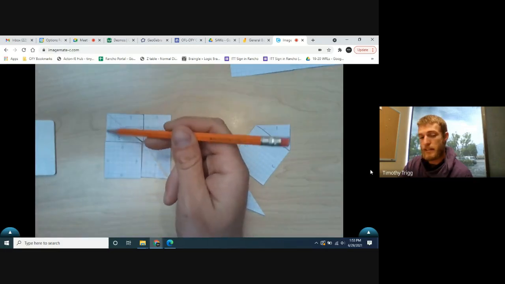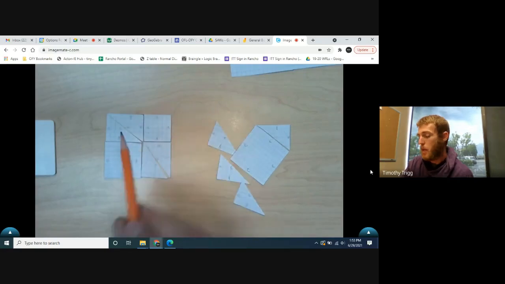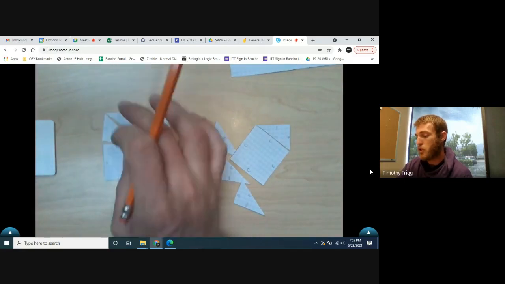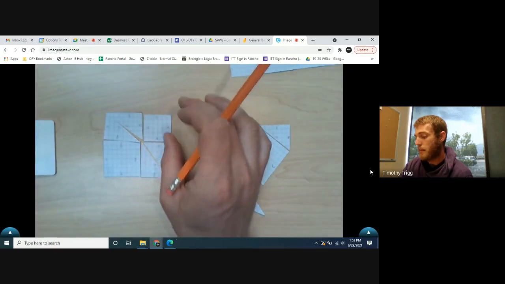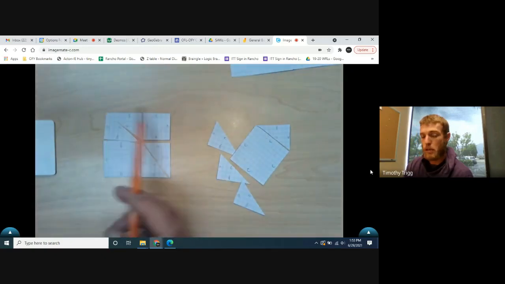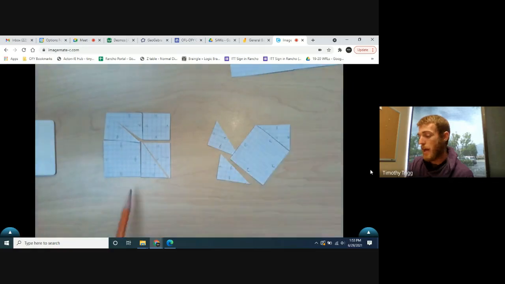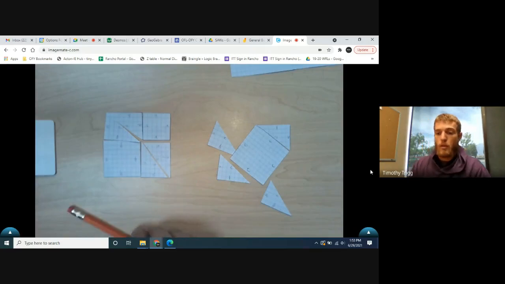Well, notice this length is A, and this is B. So this is also A plus B. So the length along the top is the same as along the side, which should make sense because it's a square, right? It should be the same length on each side. A plus B here, A plus B here, same here, and along the bottom. Okay. Now this is going to come into play in just a minute.